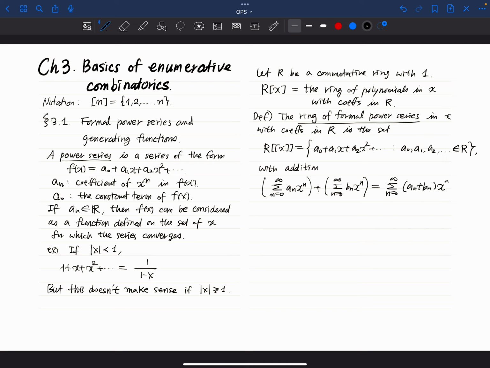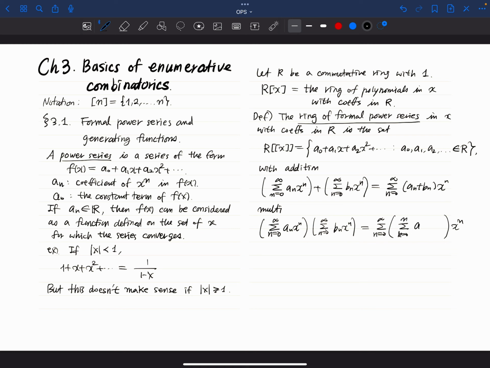This is the definition of the addition and multiplication. So we multiply two formal power series, and this is exactly the way we multiply two polynomials.